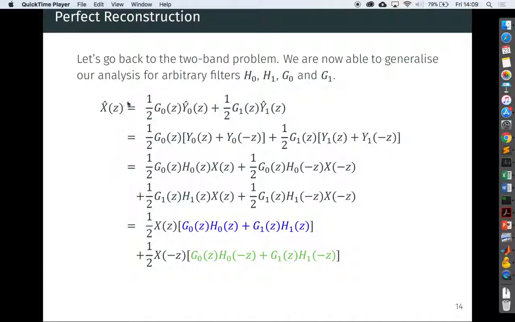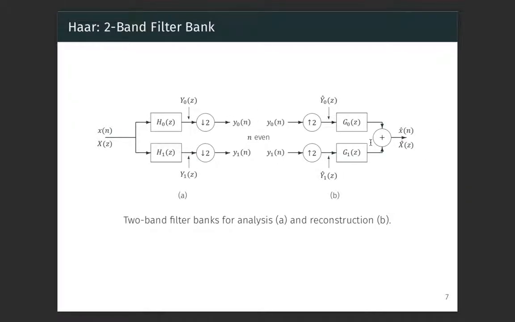We say the reconstructed z transform of x is as follows, and this is the result of doing the average, if you want, of the y0 hat times the reconstruction filter G0, and you do the same here, okay? So that is this first equation, that's this part here, okay? All right?